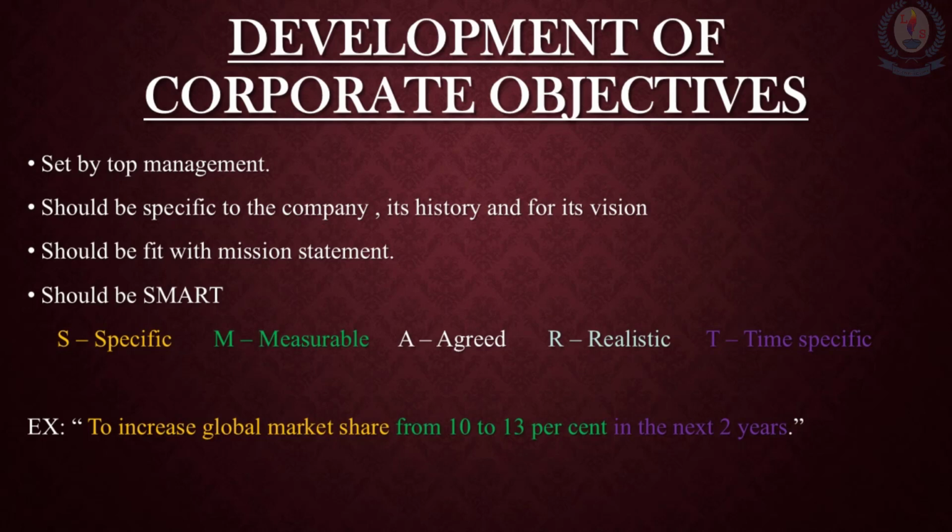First, we are preparing an aim for the organization. Aim, or else we express it as vision. After that, we are preparing a mission statement. And after that, as the third step, we are going to develop corporate objectives, so that these corporate objectives should fit with the mission statement.